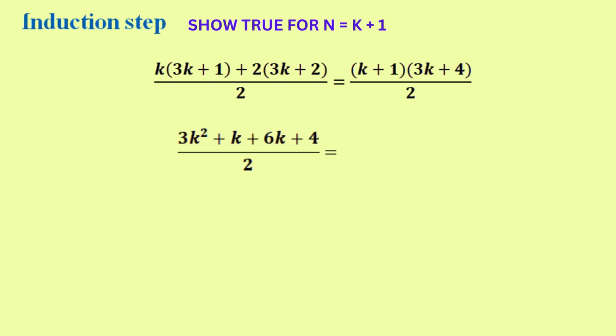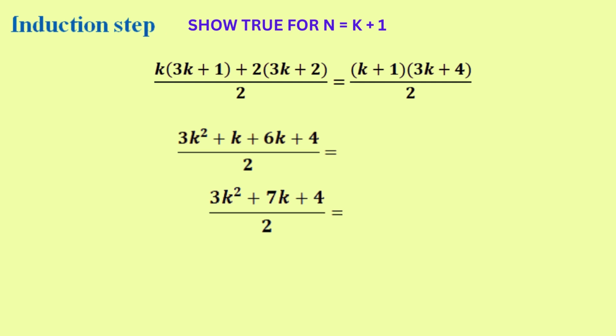On the left, k times 3k plus 1 is 3k squared plus k, while 2 times 3k plus 2 is 6k plus 4. Group the like terms, and we get 7k in the middle. On the right, k times 3k is 3k squared, k times 4 is 4k, while 1 times 3k is 3k, and 1 times 4 is 4.